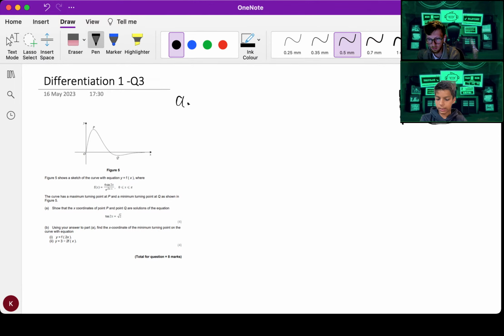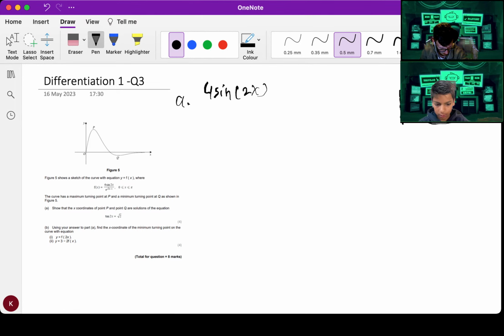So to find turning points, we need to set the derivative equal to 0.